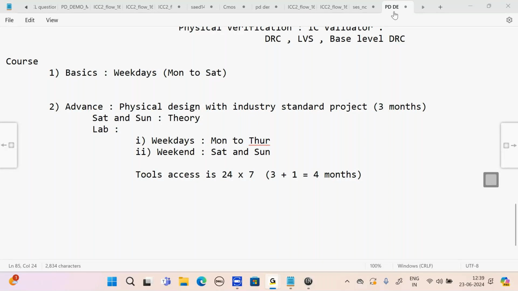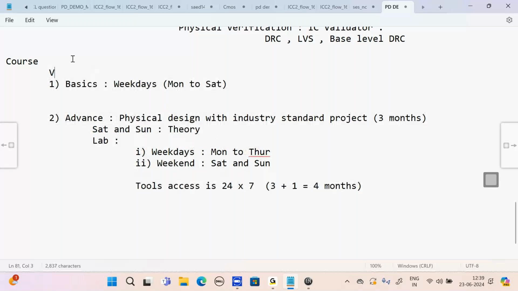First thing. Second thing, video access is given. So timings, I am not sure. I cannot tell the timings. Admin will tell you. See, video access is given to all students. This video access is not the pre-recorded videos, but current live session videos.